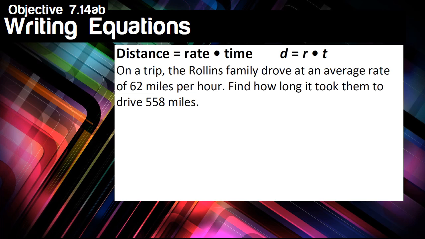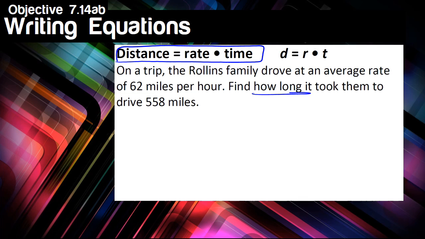So now we're given this equation: distance is equal to rate times time. And so on a family trip, the Rollins family drove an average of 63 miles per hour. Find out how long it takes them to drive 588 miles. So we got to figure out, using this equation here, which parts we can fill in and which parts are a variable.